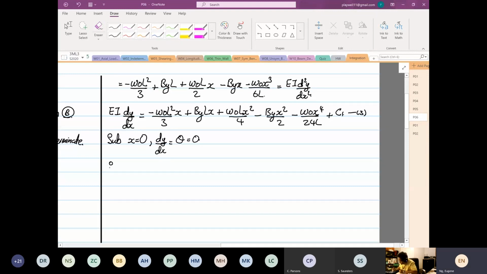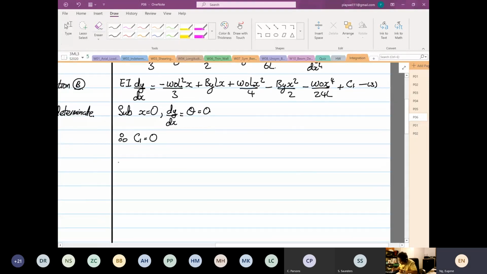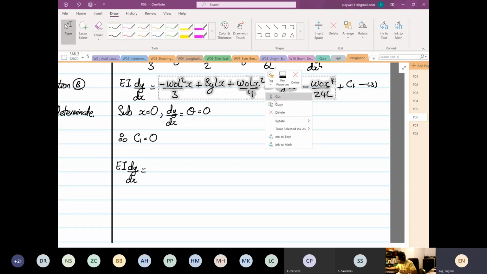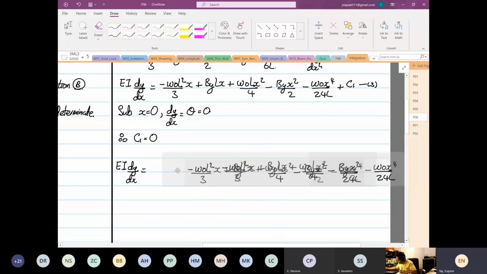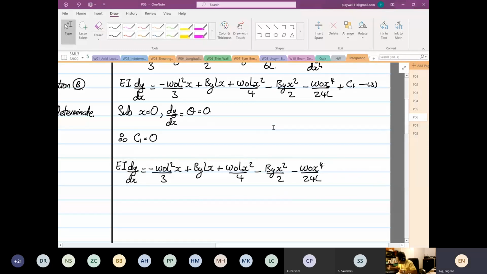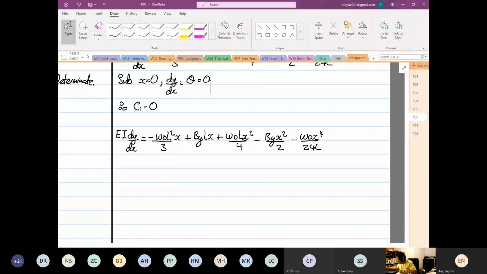Therefore, C1 is equal to 0. So we know that EI dy over dx will be equal to this entire expression without the C1. So this is our equation number 3a.